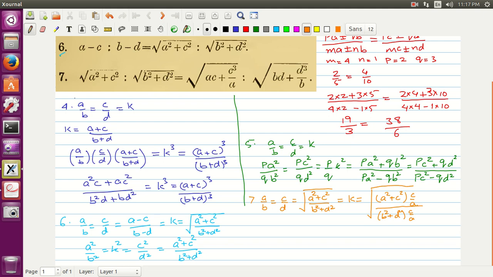We are just multiplying the same C by A in the numerator and denominator.